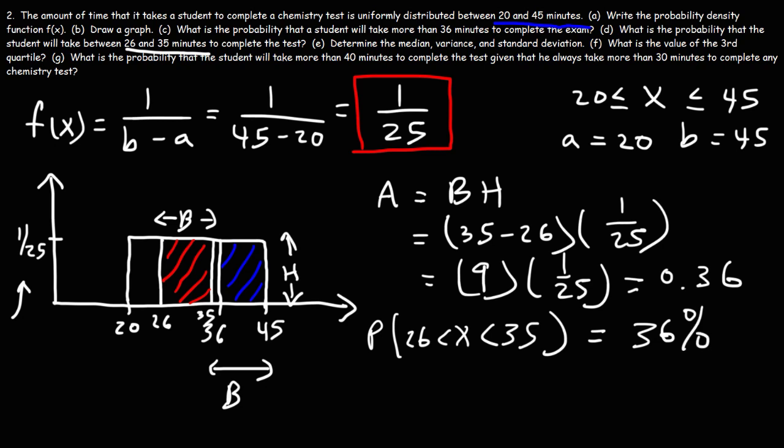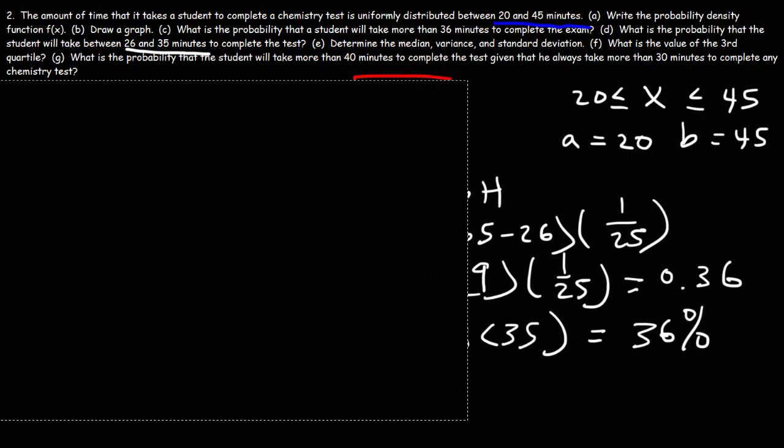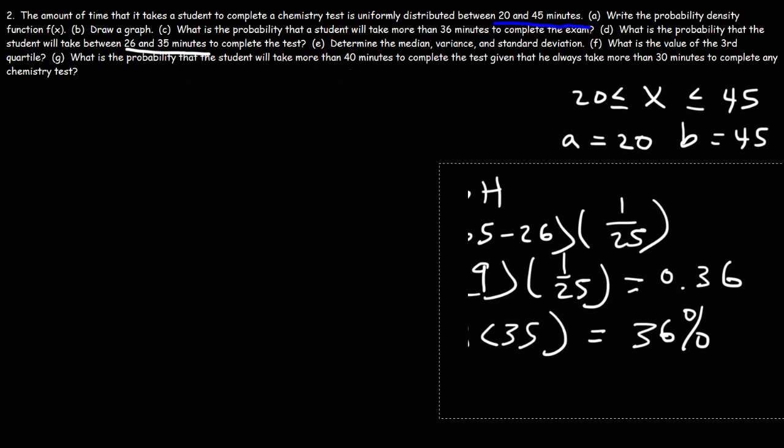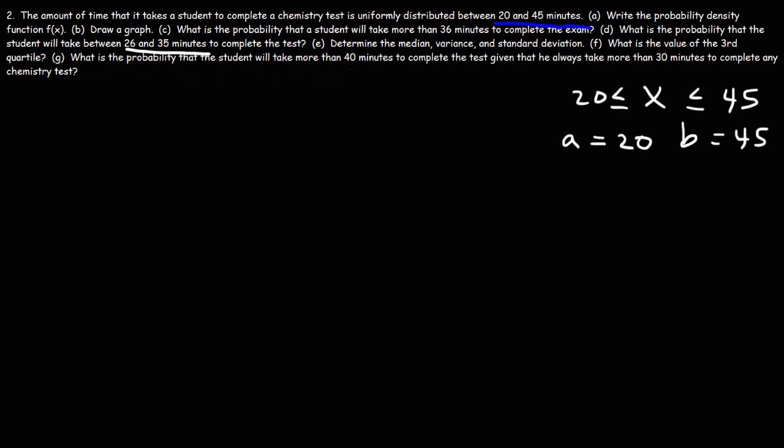Now let's move on to part E. So first let's clear away some stuff. Let's start with the median. Now, because we're dealing with a uniform distribution, the mean and the median are the same. So we could use this formula, a plus b divided by 2.